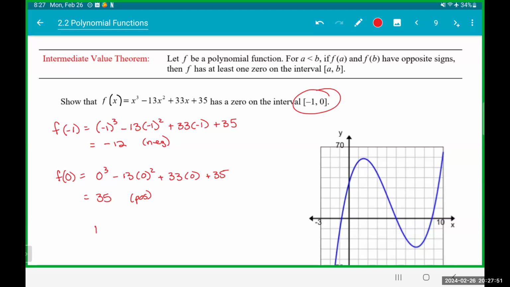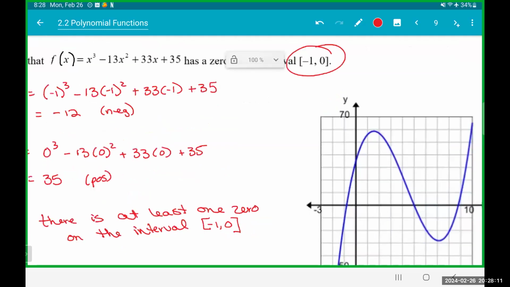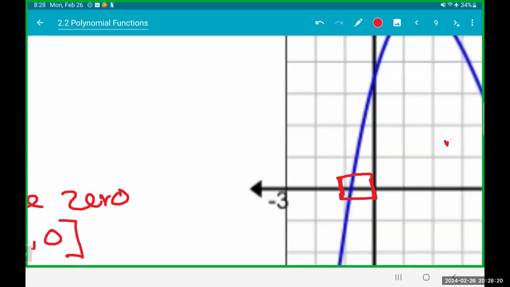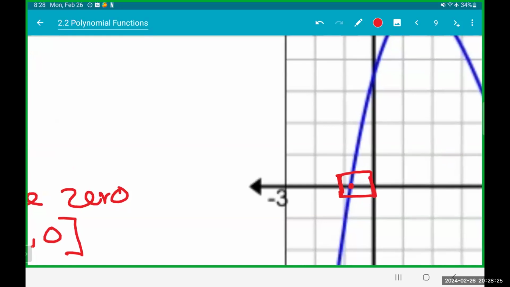So there is at least 1 zero on the interval -1 to 0. Here's -1, here's 0. On this interval, there's at least 1 zero, and we actually can see that here on that graph, right?